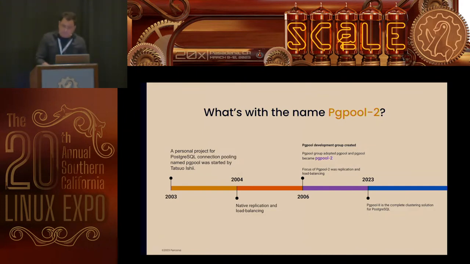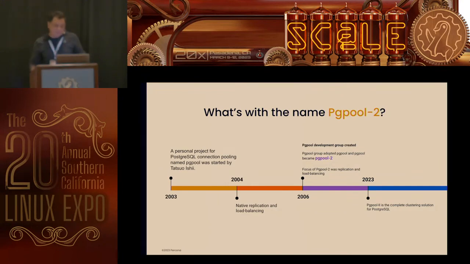And after two years, in 2006, the project was adopted by a new community that was created around it, the Pgpool Development Group. At that time, the name changed from Pgpool to Pgpool-II, version 2.